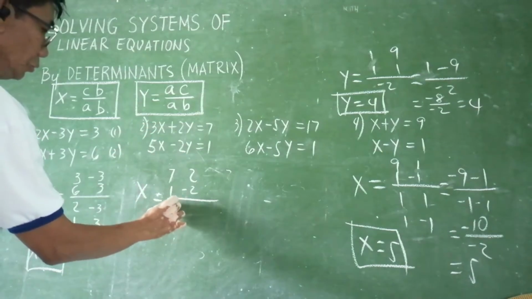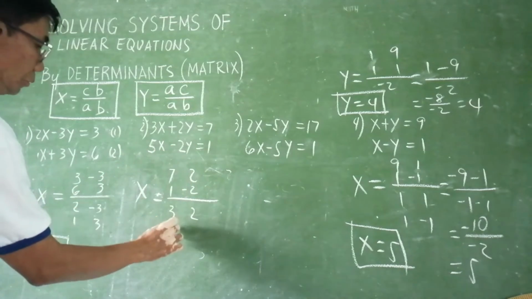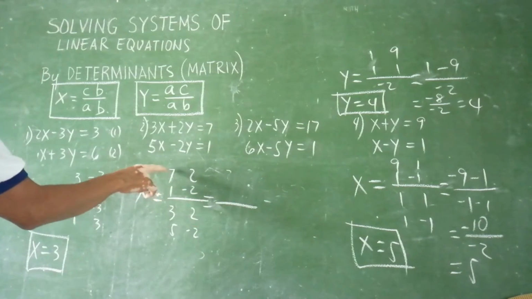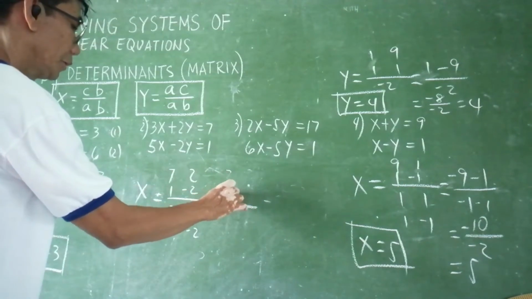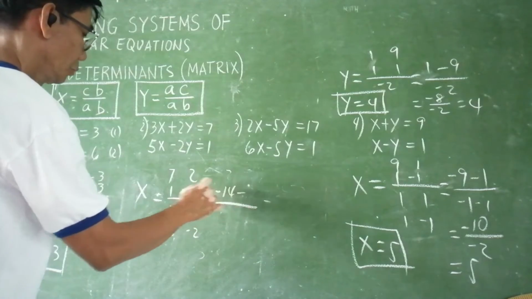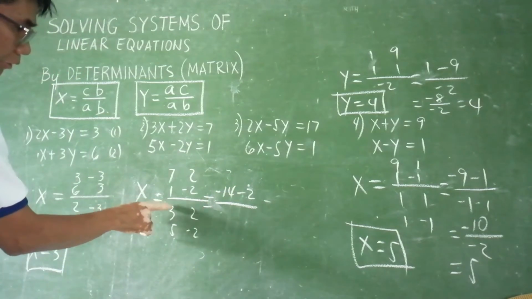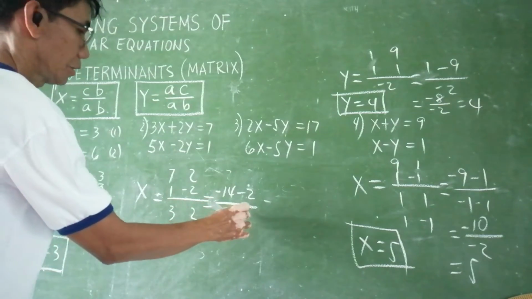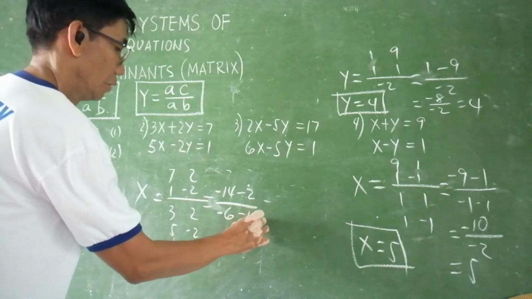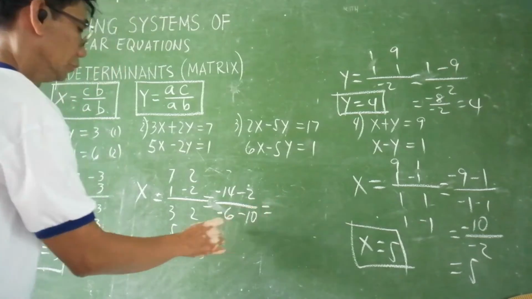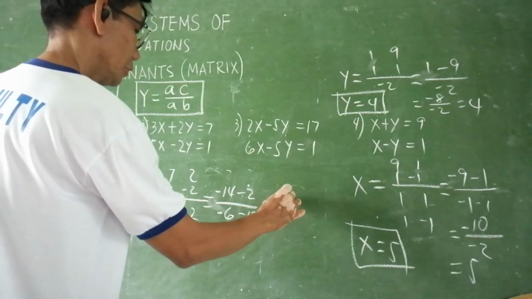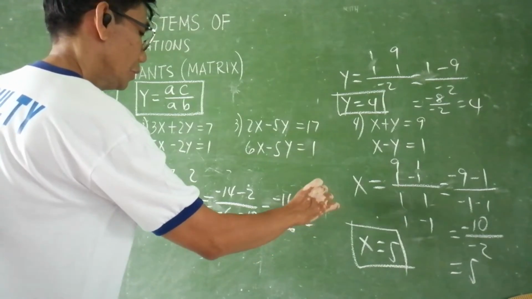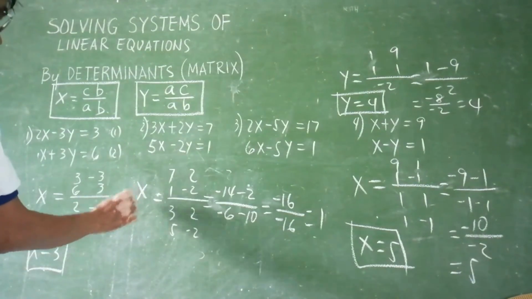AB, 3, 2, 5, negative 2. 7 times negative 2 is negative 14, minus 1 times 2, 2. 3 times negative 2 is negative 6, minus 10. 5 times 2, 10. So that will be negative 16 over negative 16 is simply 1. Okay? x is 1.